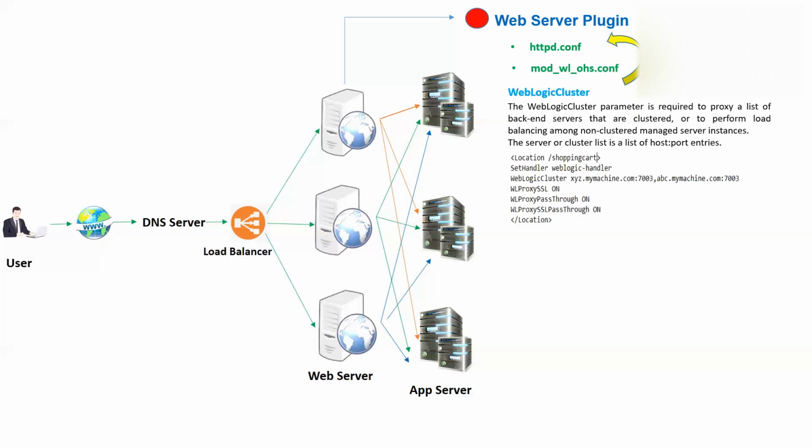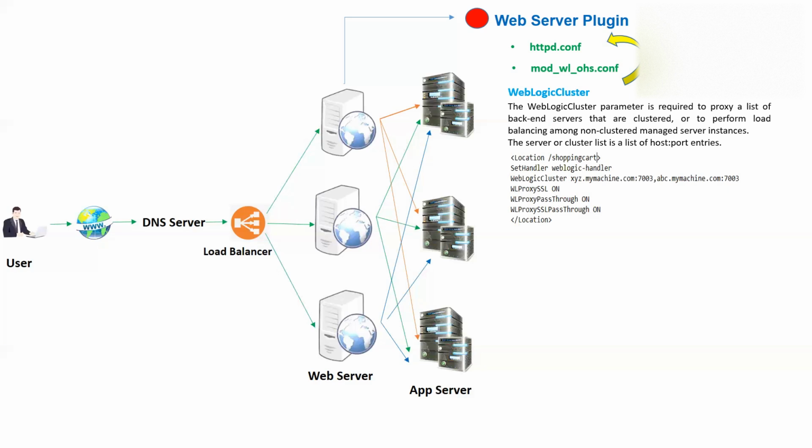a web server plugin parameter, which is called WebLogicCluster. Okay, and you can see the example. Suppose there is an application deployed in your WebLogic server, and this application has a context root of /shoppingcart. That means a user can access the website from the browser with the context /shoppingcart, that means DNS/shoppingcart. As shown in the example, this application is running on 2 nodes.